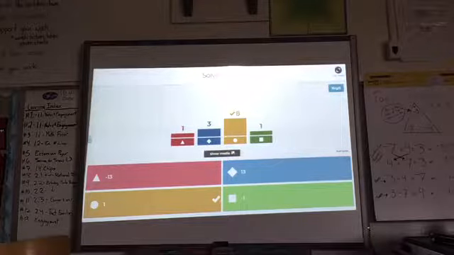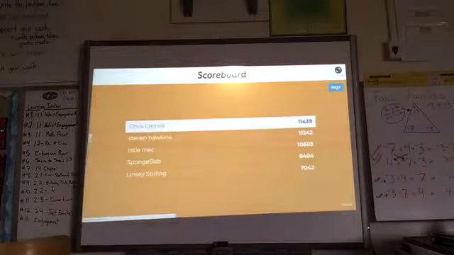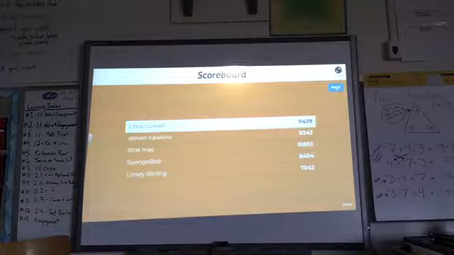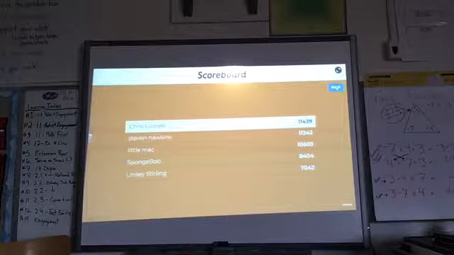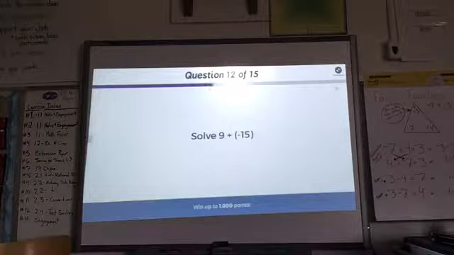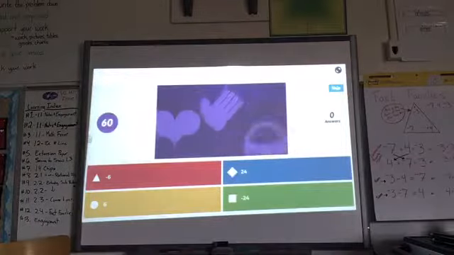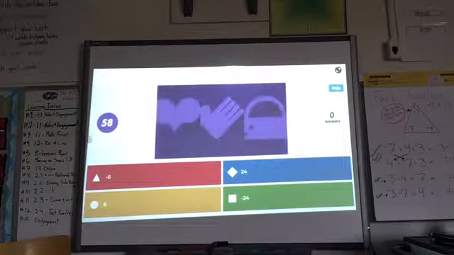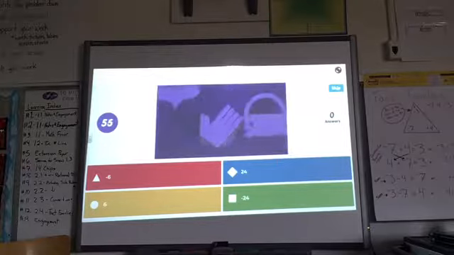I chose the lowest one. It can't be -1 because the positive 7 is greater than the negative, so it must be a positive answer. Just by looking at it, you should be like, okay, what's my answer going to be, positive or negative?